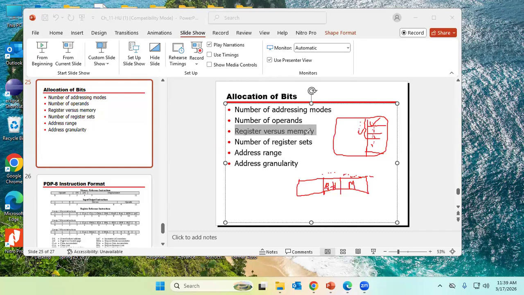In CISC, they say, no, let me go to memory and let me not have that many registers in the CPU and let me have a complex instruction set, because RISC goes with a simple instruction set. This is repeated from the previous lecture, but anyway, it's a choice, registers versus memory.